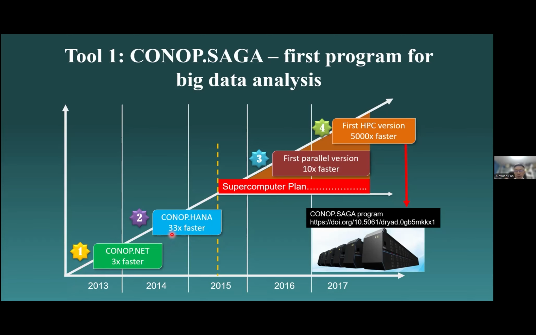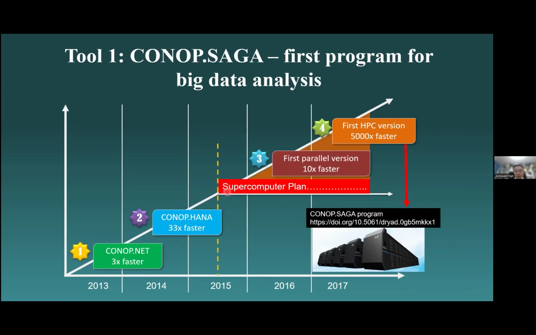For example, in the 2009 GSA Bulletin paper, Peter only studied less than 2,000 species, but our data set is much larger than that, at least 11,000 species. So it requires computing power at least 1,000 times faster than the previous one.